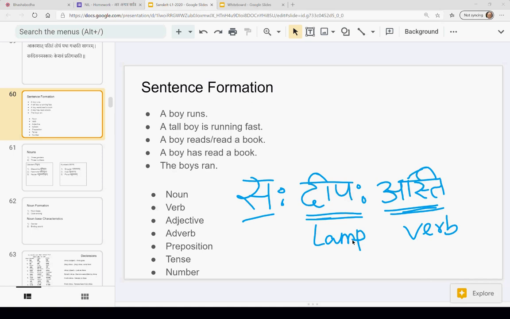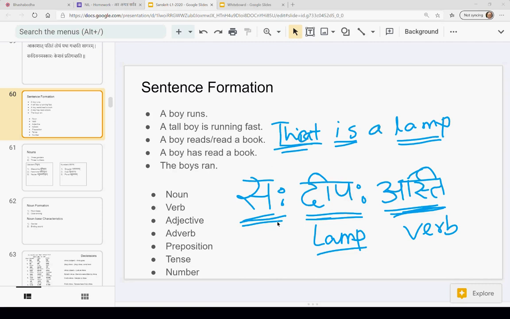So in the sentence, this is a lamp, or that is a lamp, the lamp is the subject and is is the verb. Here asti is the verb, lamp is the subject. And what is that? I think that is an adjective.